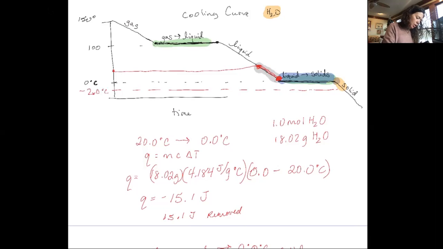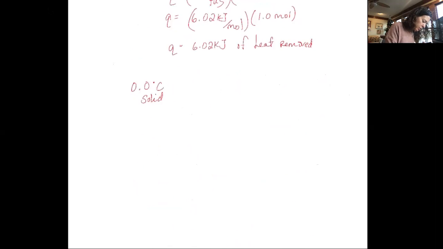So what we have going on is we're going from 0 to -2.0 degrees Celsius, okay? And it's still a solid, right? And that would be the change in temperature, Q equals MC delta T.